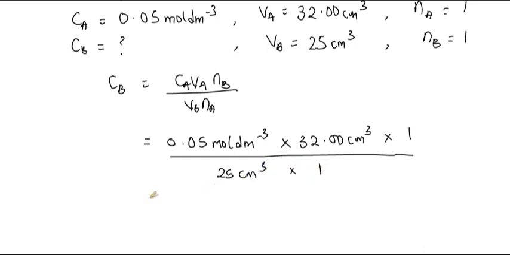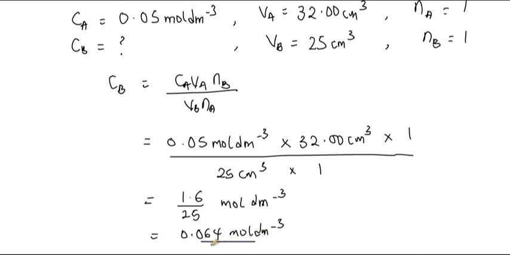So if we calculate this, we have 1.6 over 25, and the unit mole per dm cube, which gives us 0.064. Unit as well, mole per dm cube. And that's the final answer.